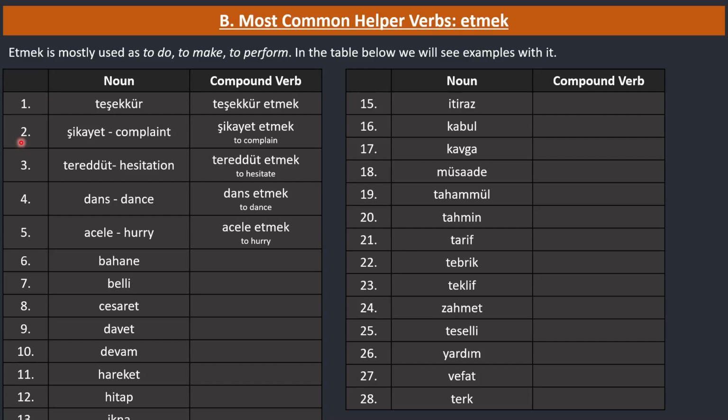You can also say otobüse yetişmek için, in order to catch the bus, otobüse yetişmek için acele ediyorum. I'm hurrying, if that makes sense. I am hurrying to catch the bus. Otobüsü yakalamak için acele ediyorum.